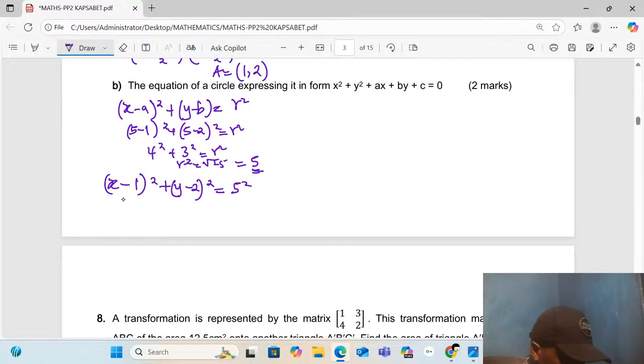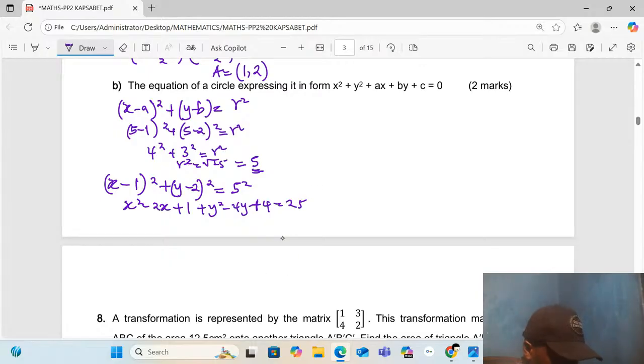So we open up: x squared minus 2x plus 1 plus y squared minus 4y plus 4 equals 25.